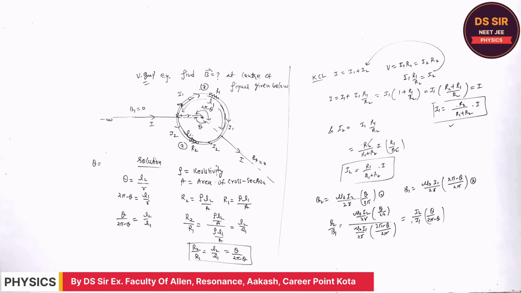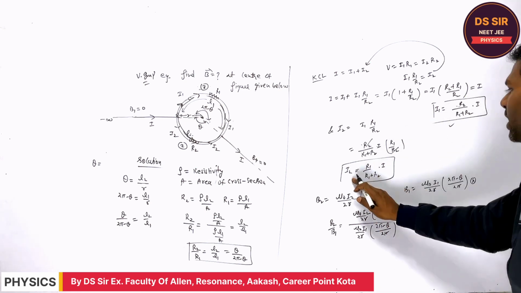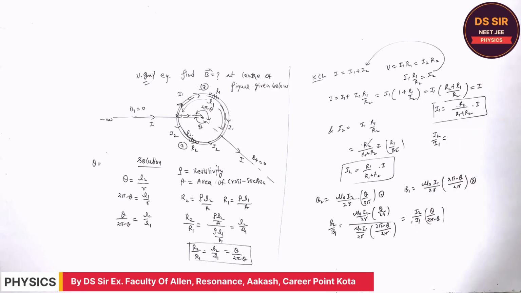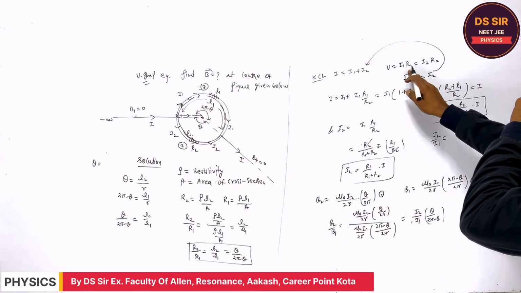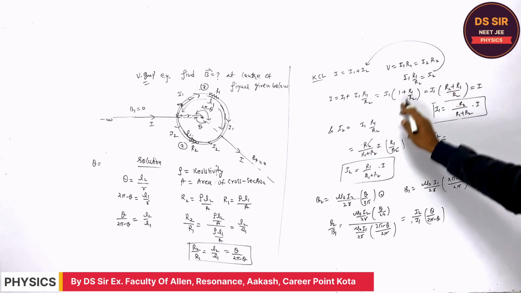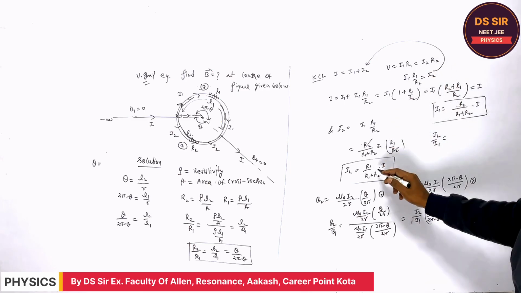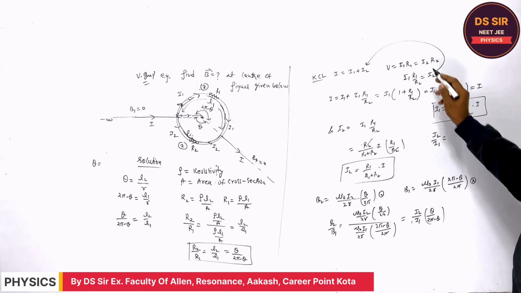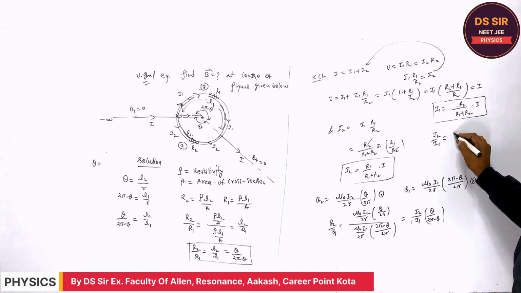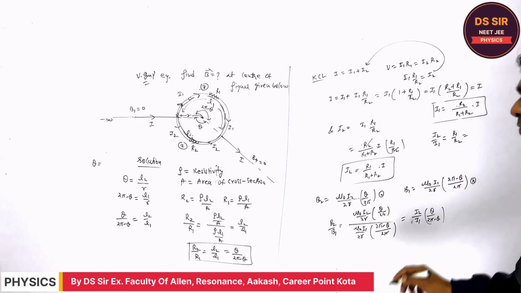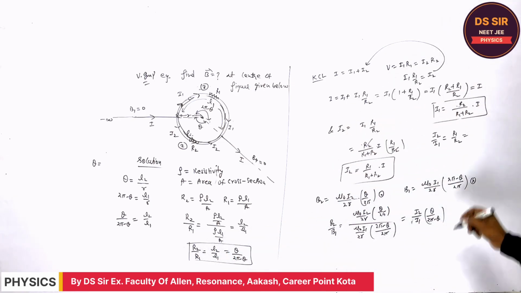If this is I1 and I2, what is the ratio of I2 and I1? Also, without solving all this, I2 upon I1 is R1 upon R2. And what is R1 upon R2?